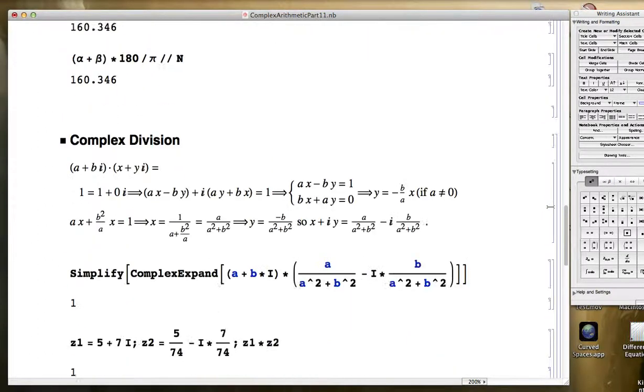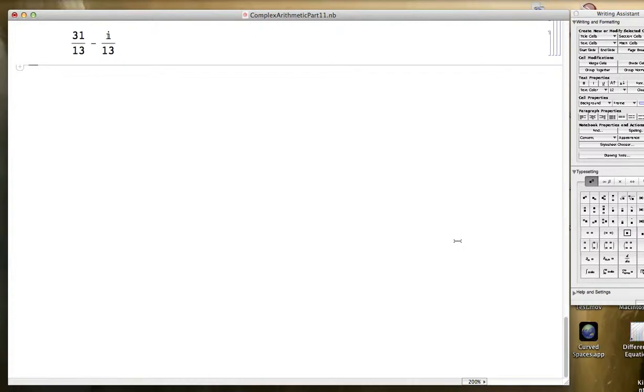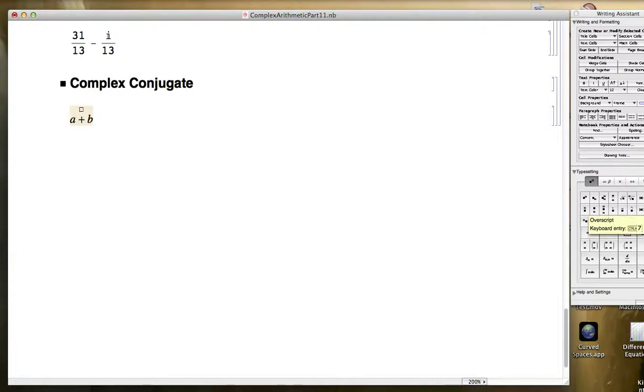There's a special notation for it. If we are given a complex number a plus bi, and we put a line above it, that stands for the complex conjugate of that number, and it's a minus bi.